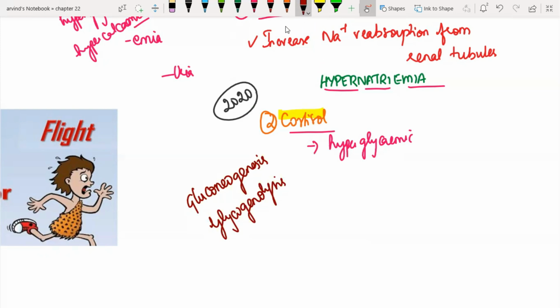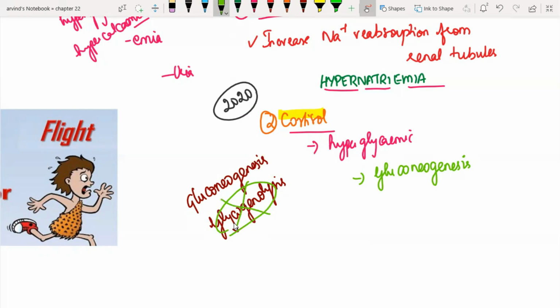But here, cortisol acts in a different way, in that it can stimulate a hyperglycemic condition only by stimulating gluconeogenesis. It has no role to play with glycogenolysis.